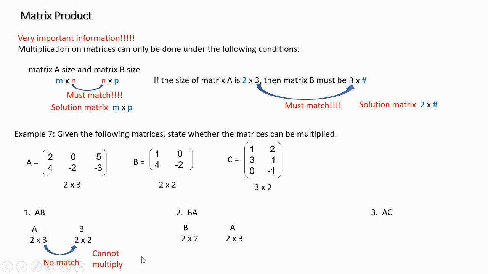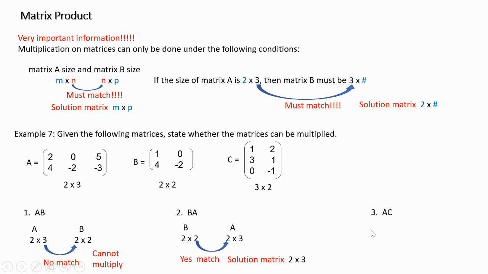B is 2 by 2 and A is 2 by 3. Can we multiply them? Do the inner numbers match? Yes. So this can be multiplied, and my solution will be a 2 by 3 matrix.